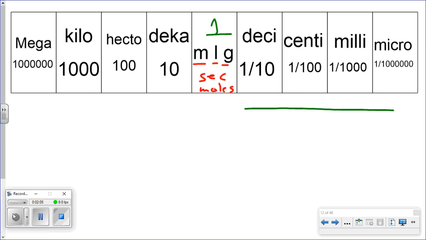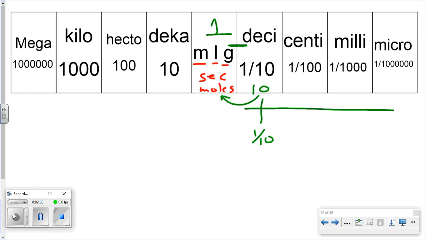Since there's a 1 block jump, they're adjacent, and it's by a factor of 10, so it takes 10 of them to make 1 meter. In other words, 10 decimeters is equal to 1 meter.